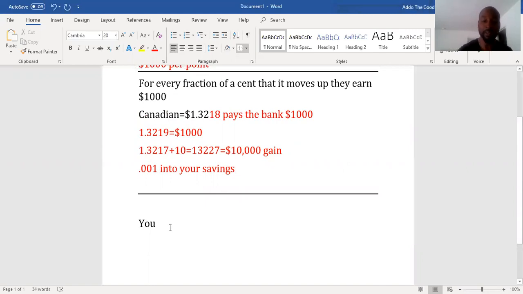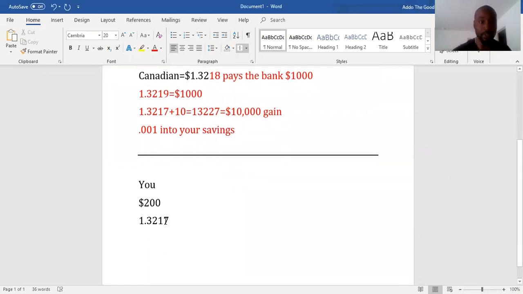Now you're probably saying you don't have that much money to invest. So let's say you're starting off with $200. For every fraction of a point that it moves up, I want to invest $2 a point. So you're getting $2 per point. If it moves from 32.17 to 32.18, guess what?